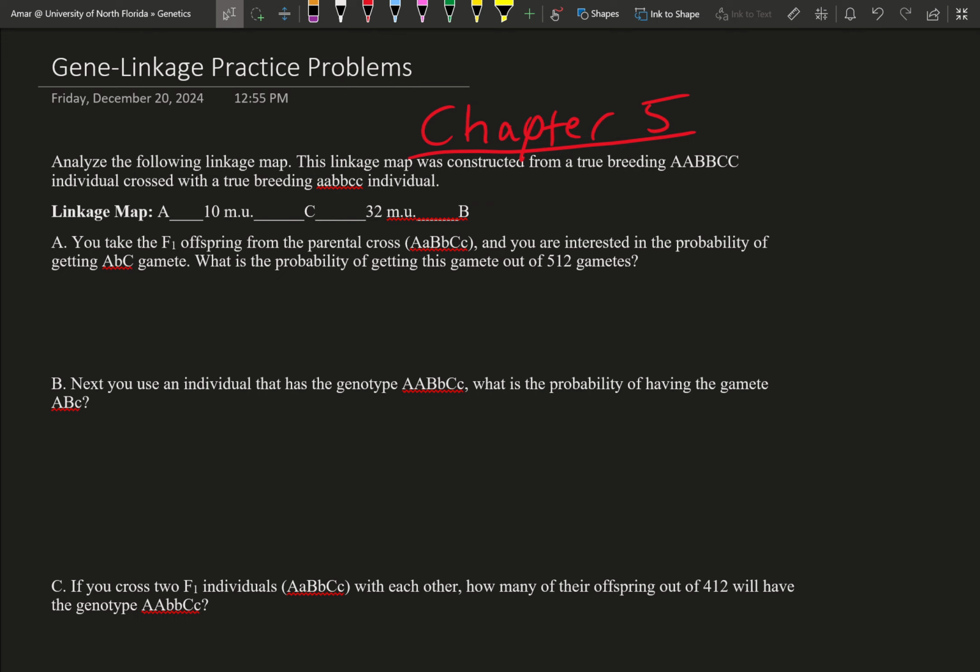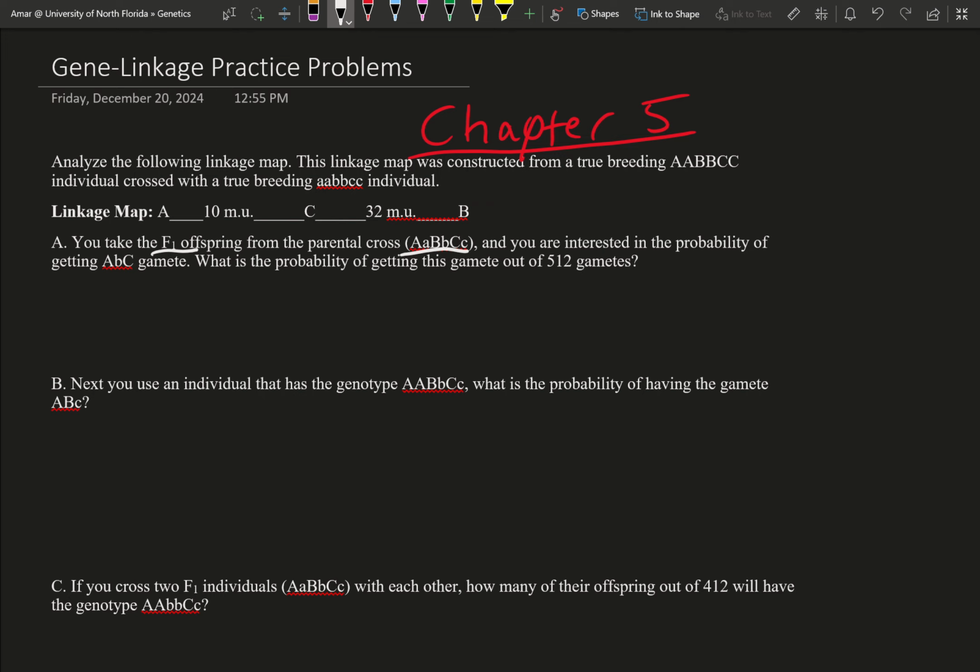Another thing you should know is that for these problems, it is extremely critical for you to understand what the chromosomes are in the individuals that you're crossing together. If we take a look at the F1 over here, their genotype is big A, big B, little b, big C, little c. But with that, you have to know what their chromosome alignment is.